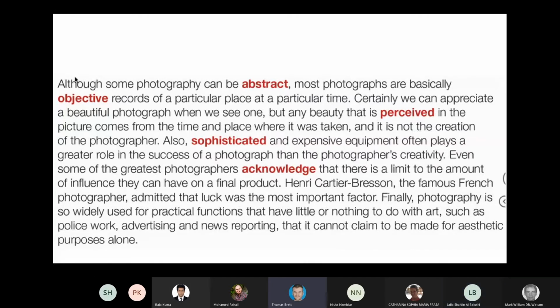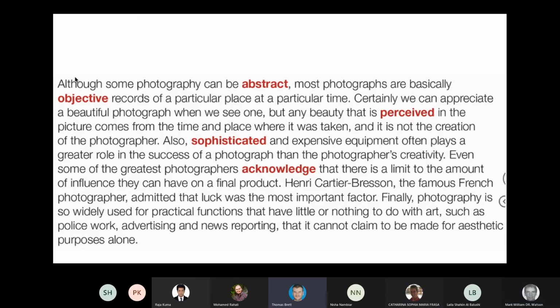Okay. Widely used. Go on, we'll have three more. Expensive. Final product. Aesthetic purposes. Function.